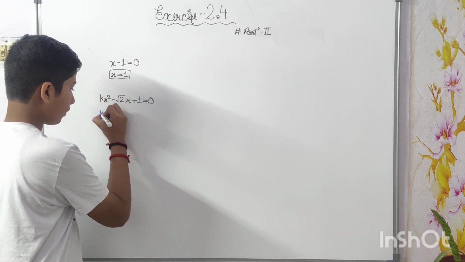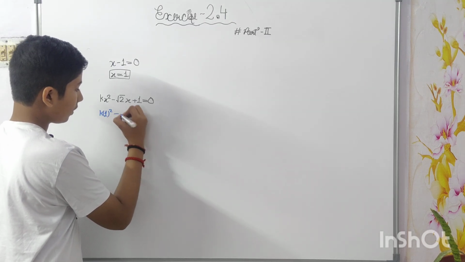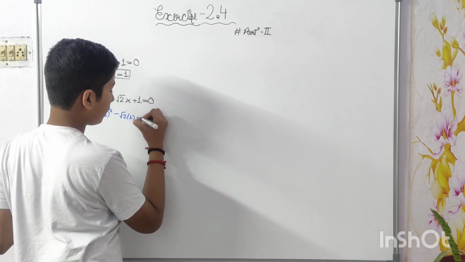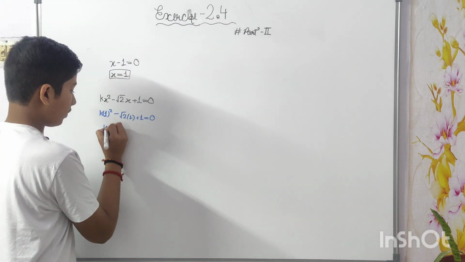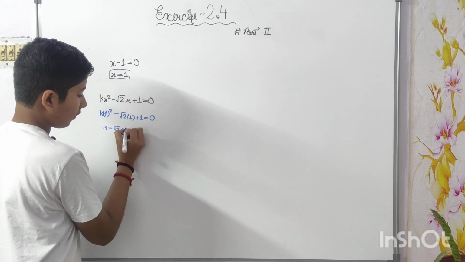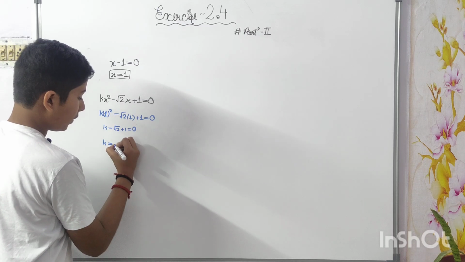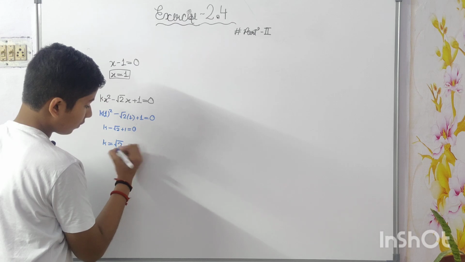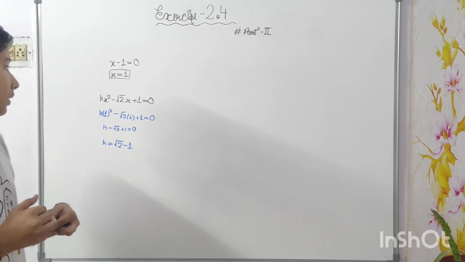So k into 1 square minus root 2 into 1 plus 1 equals 0. k minus root 2 plus 1 equal to 0. So k will be root 2 minus 1. This will be our final answer.